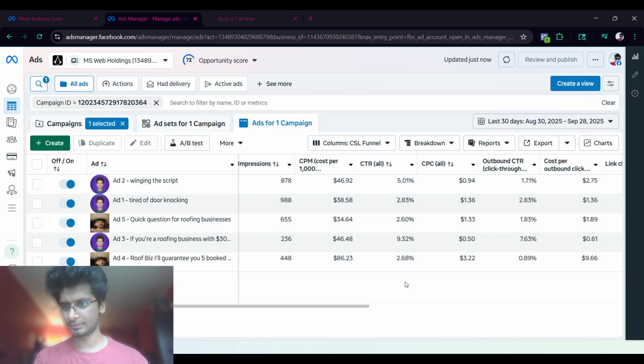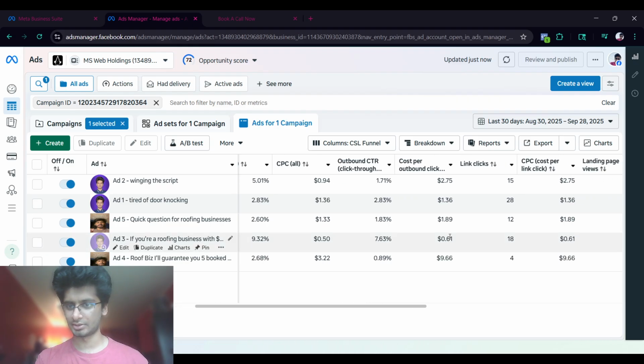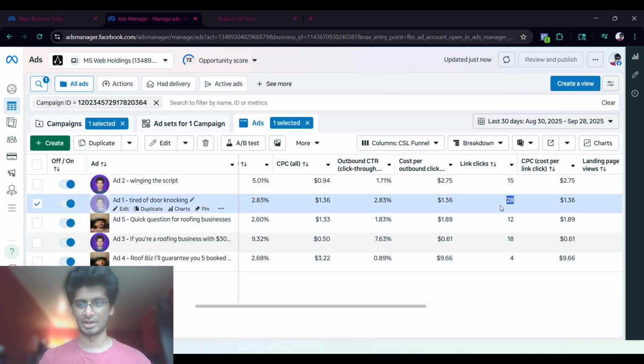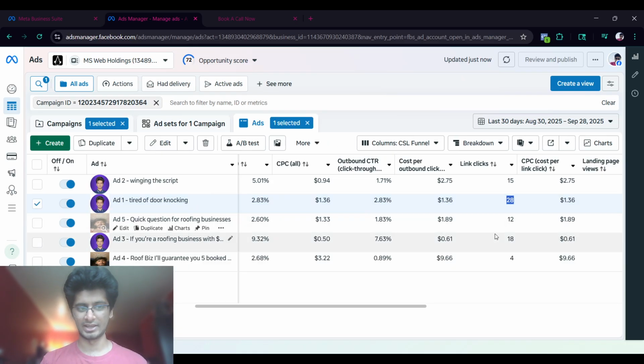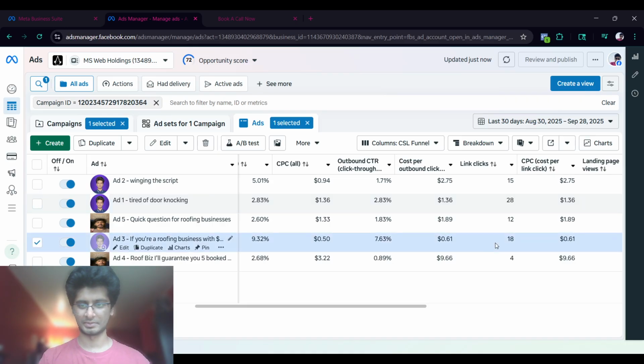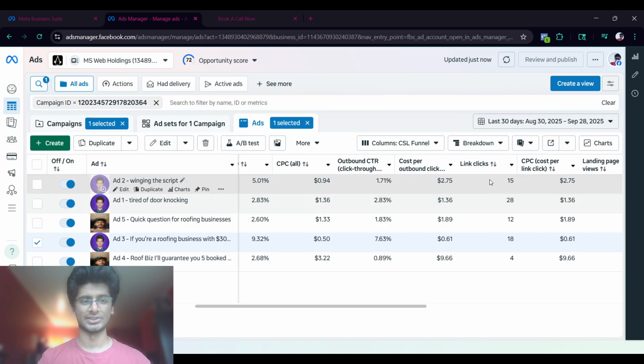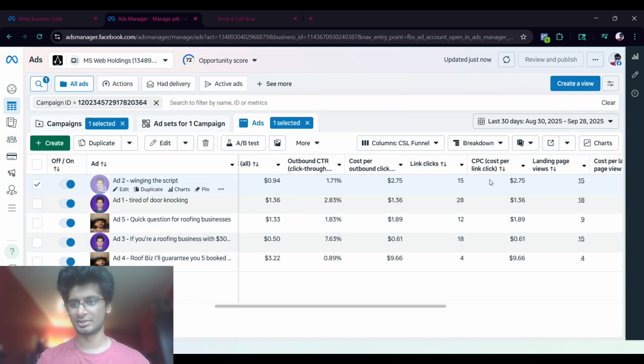Interesting. Which one got us the most link clicks? Ad number one got the most link clicks. Then it's ad number three, which is the traditional ad, and the one after that is the winging the script ad.